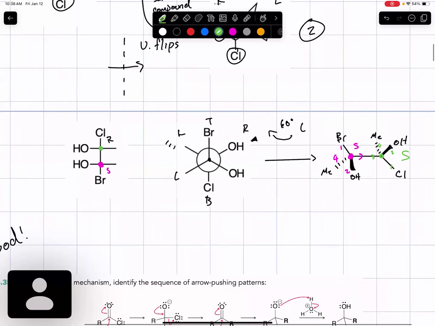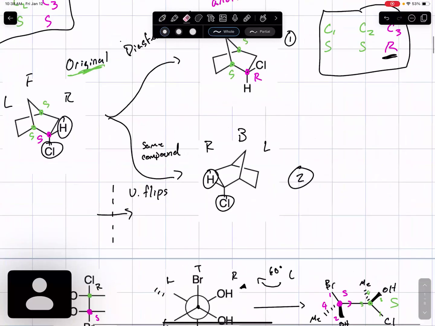So if this is SS, let's do this in same color. So this is SS and this is RS. What's the relationship? Look at this example.